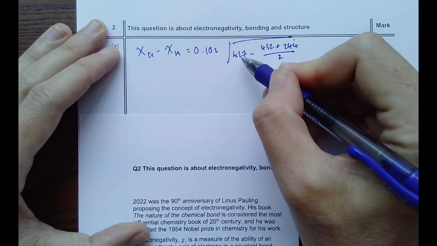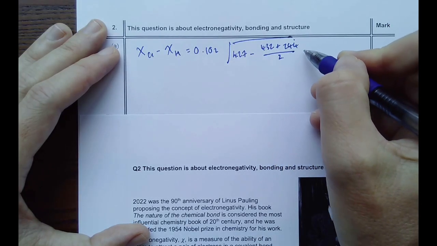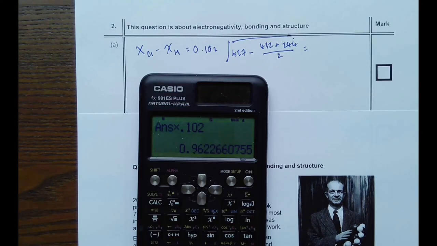So it's the difference between HCl and then the average of H2 and Cl2. And I basically just go ahead and I calculate that whole thing, which I'm not going to bore you with.